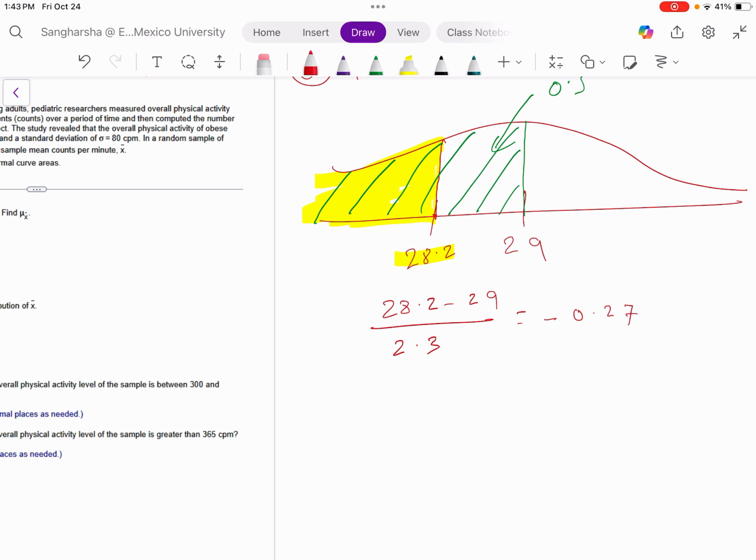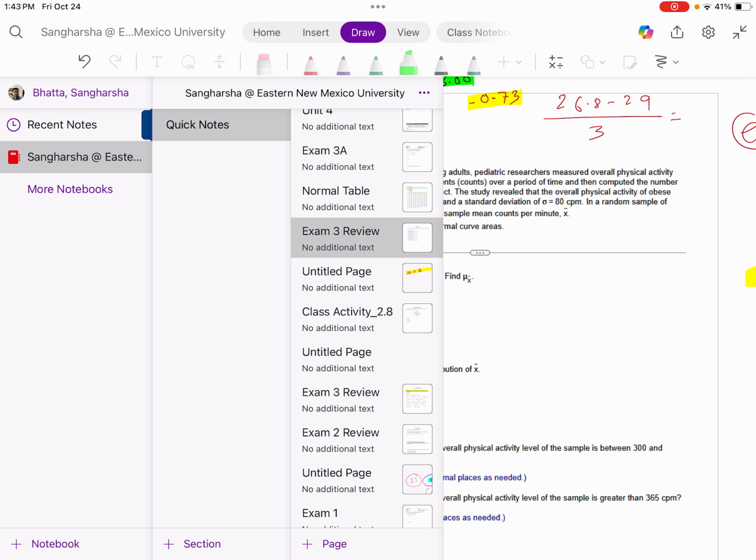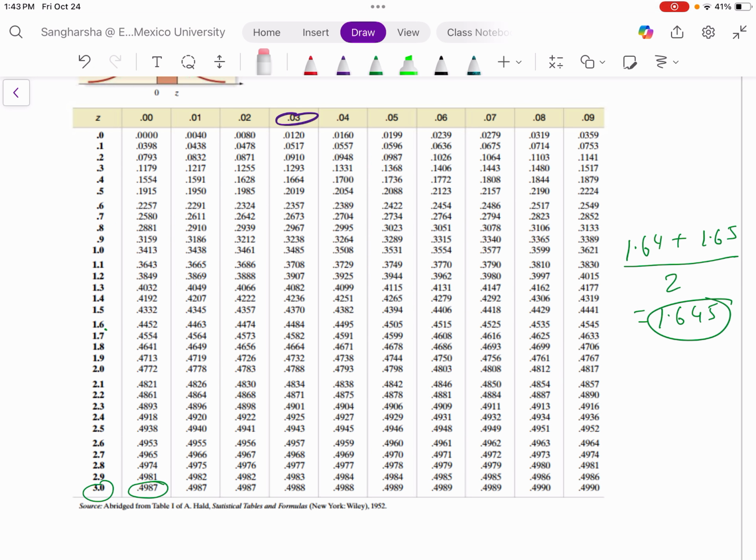So the G for this point is negative 0.27, and using the G value, you look for 0.27 on your G table, and that gives the area of this green region from the mean to that G value. So 0.27: 0.2 is here, and 7 is here.